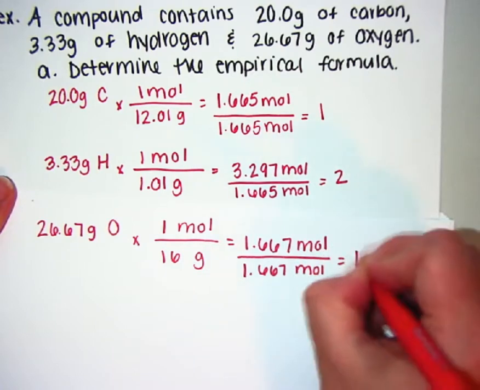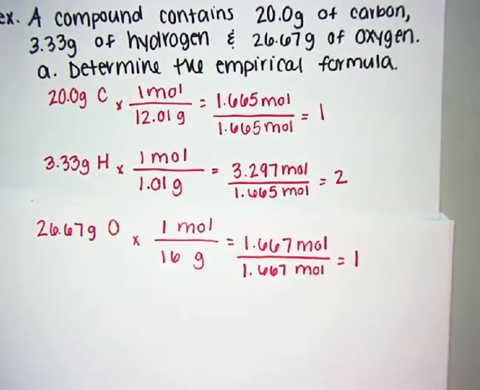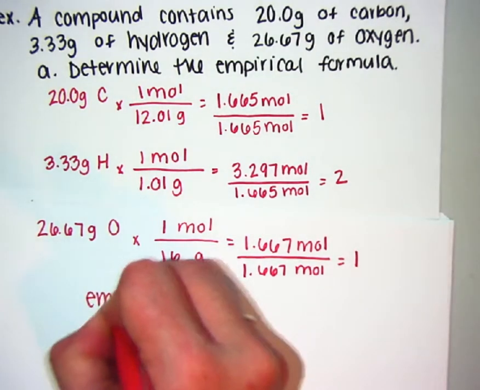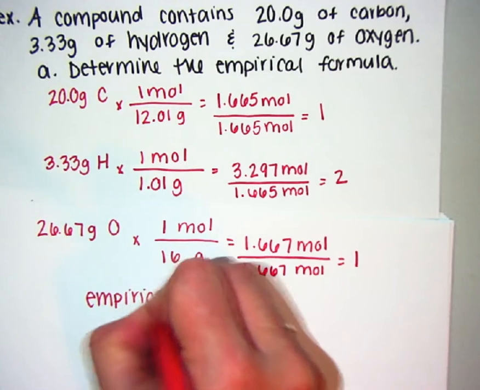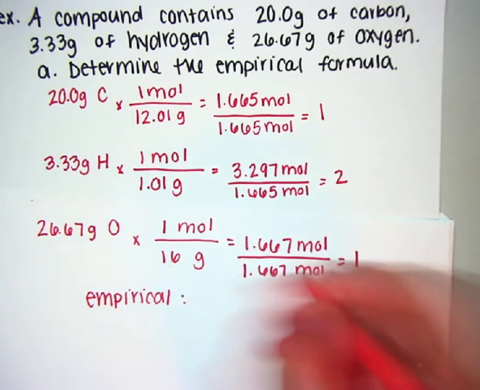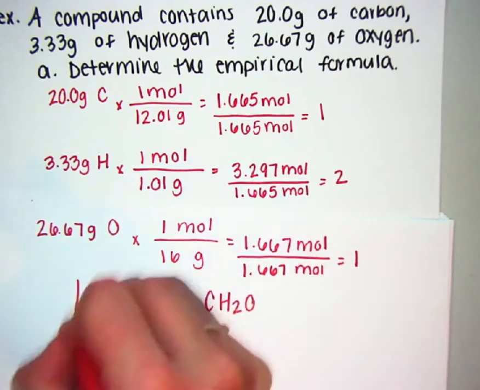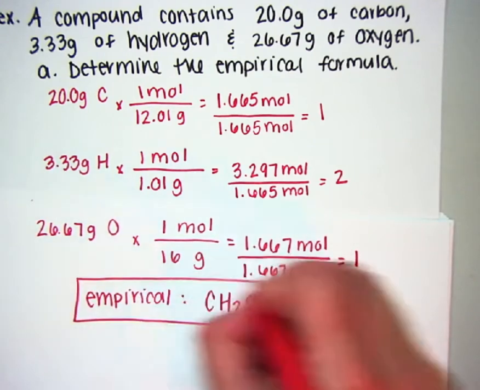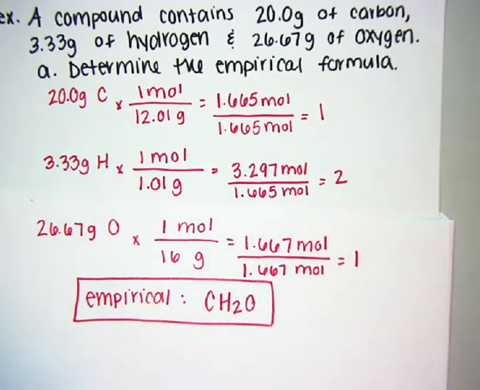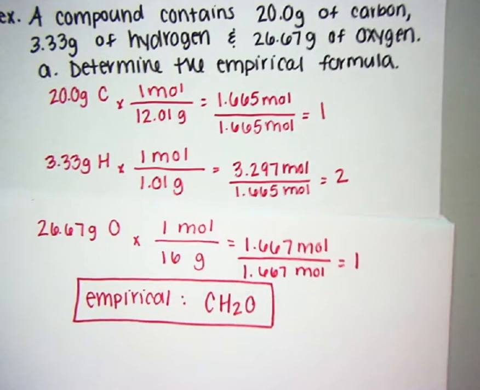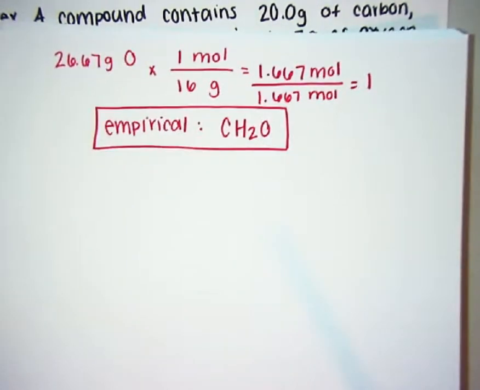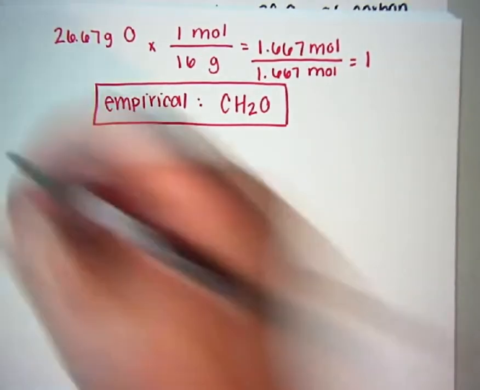This one gives me about 1. So for this example, the empirical formula actually is the same as our last example. CH2O. So we have our empirical formula.